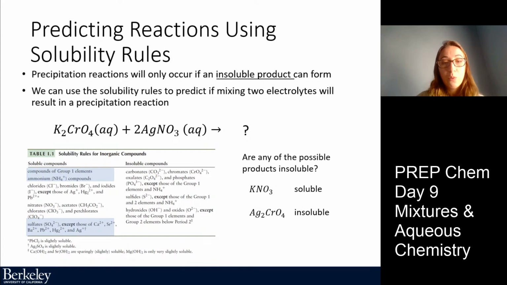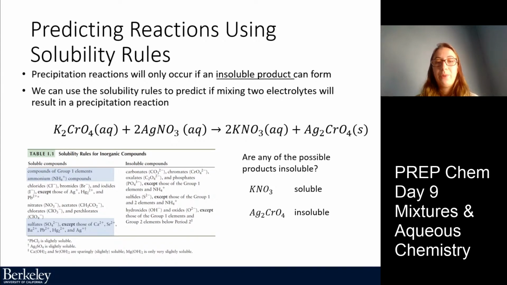The chromates, carbonates, oxalates, and phosphates are insoluble except those of group 1 elements and ammonium. So because we have a chromate anion, that compound is actually insoluble. Because we were able to predict that one of our products is insoluble, we know that this precipitation reaction will actually occur. So then we can write out that reaction.